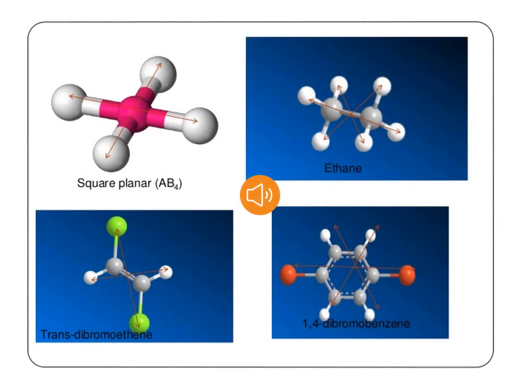Here are the three-dimensional structures of four types of molecules. The first is an AB4 type molecule, and it is square planar. It has an inversion center. The second one is ethane, and it also has an inversion center. The third one is trans-dibromoethane, and the fourth one is 1,4-dibromobenzene.